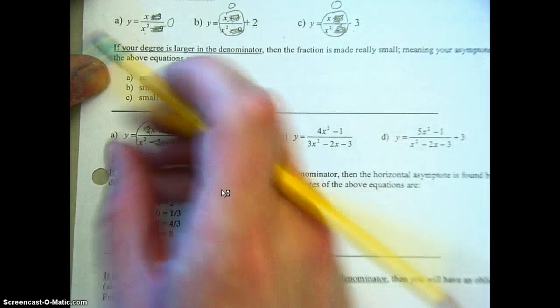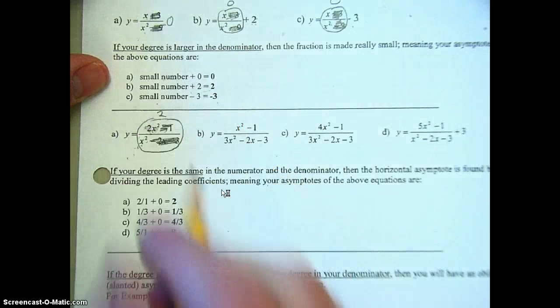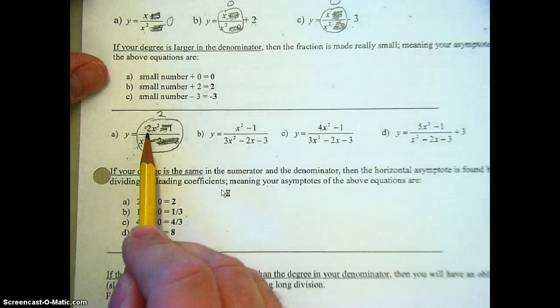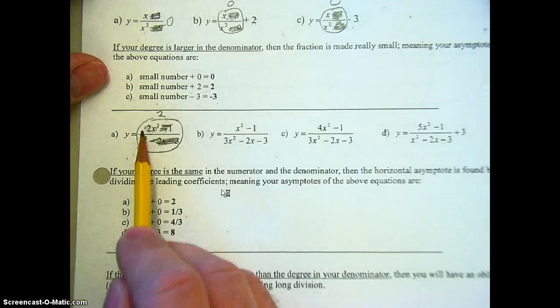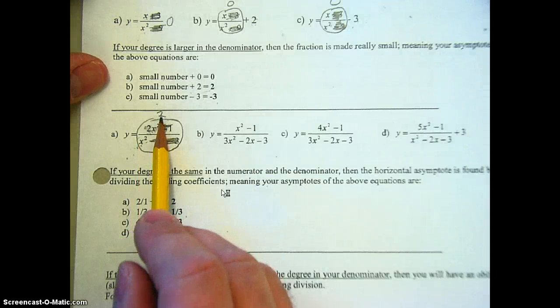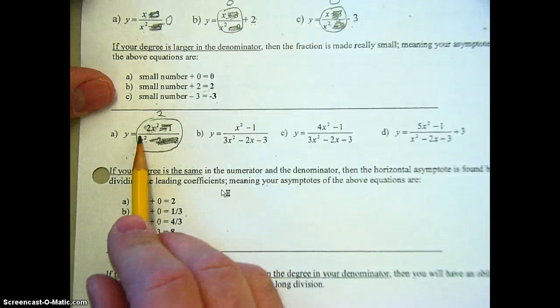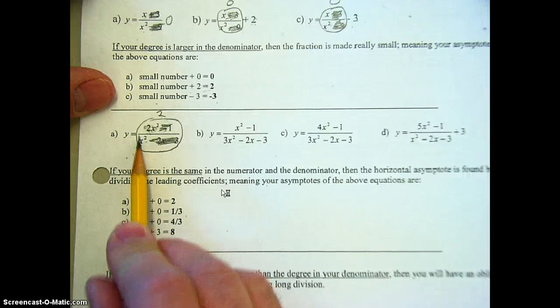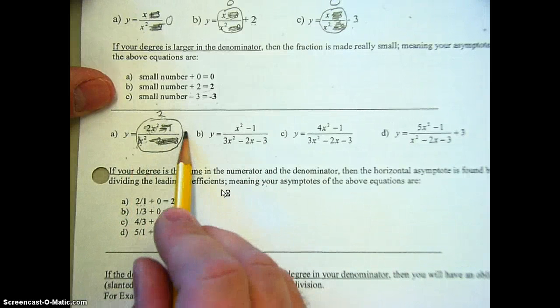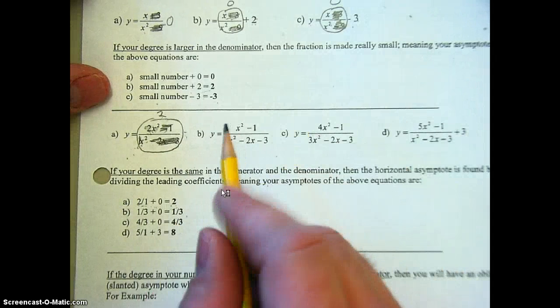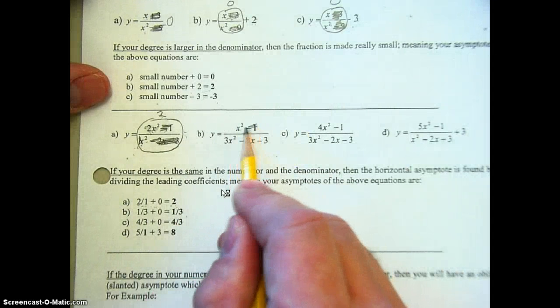All right, so we get 2 here. So the contribution from this fraction is going to be 2. So that leading coefficient there, that number became a big deal right there. It changed it from 1 to 2. Okay, so we get 2 over 1. 2 divided by the 1 in front of the x squared, plus nothing on the outside to get an asymptote of 2.